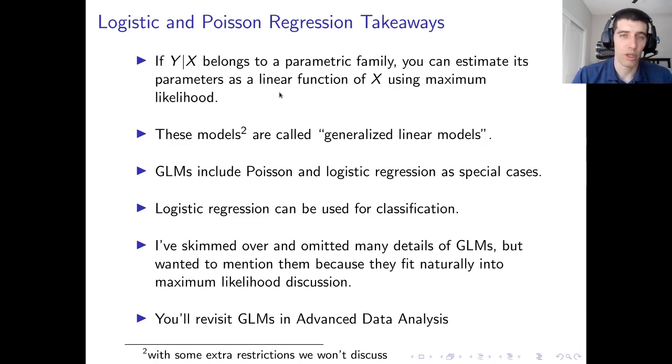The one that was tricky for us was logistic regression, where we had to first feed it through a sigmoid function, but we can estimate those parameters using maximum likelihood estimation, right?